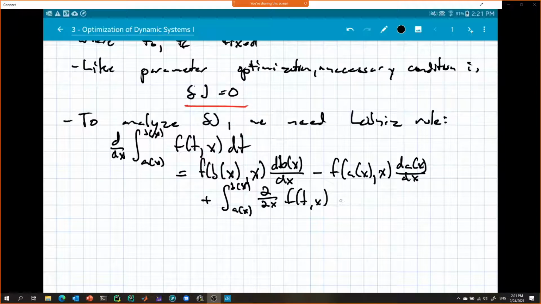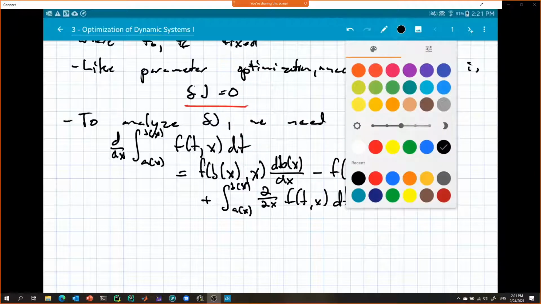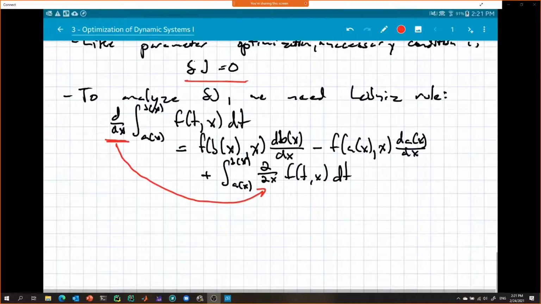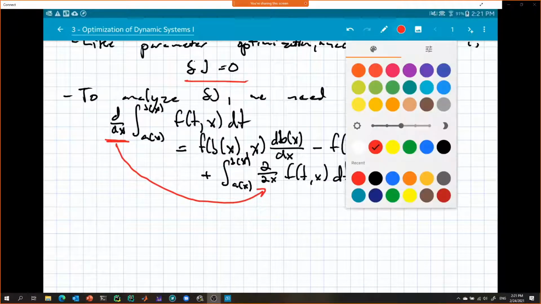The main takeaway is that this allows us to take the derivative outside of the integral and put it in as a partial within the integral. So we can move through the integral sign.